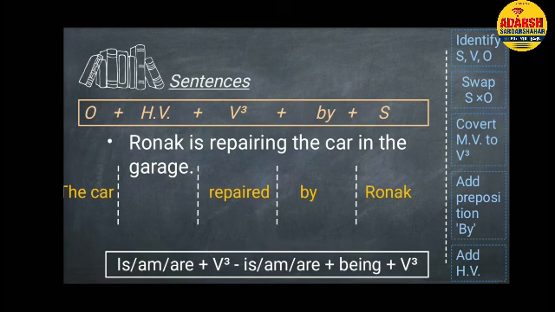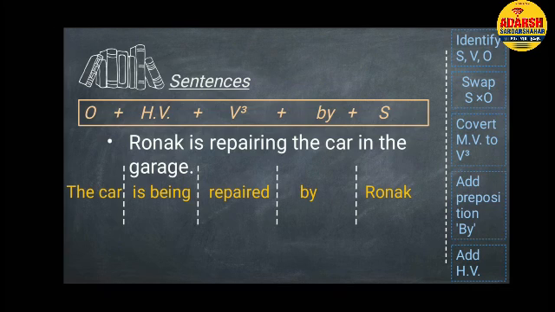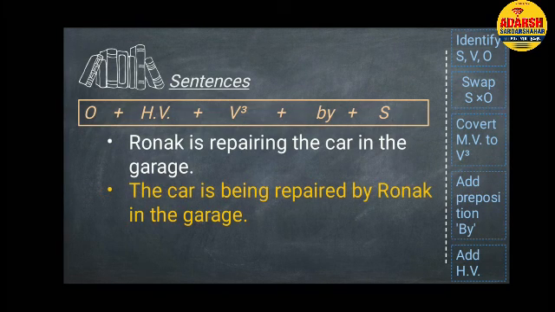Here you can see our object, which is the car, is singular, so we use here is plus being. So it is being, because the car is singular, so that's why we choose here is. Now the passive of the sentence is here. The car is being repaired by Ronak in the garage. So here we have completed our first sentence.